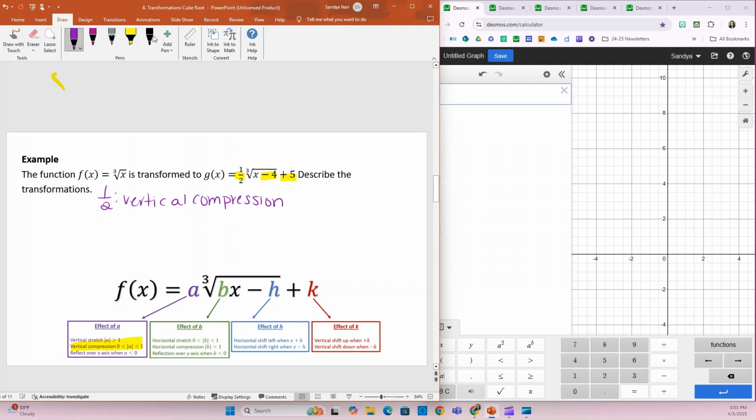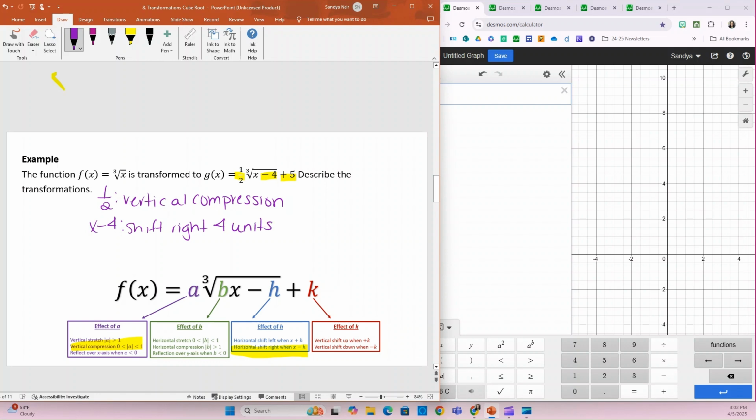So now let's look at that x minus 4. So that x minus 4 is actually kind of like an x minus h, right? So if we look at our study guide, it says if we have x minus h, that's going to be a horizontal shift to the right. Okay, so we can say that this graph is going to be shifted right 4 units.